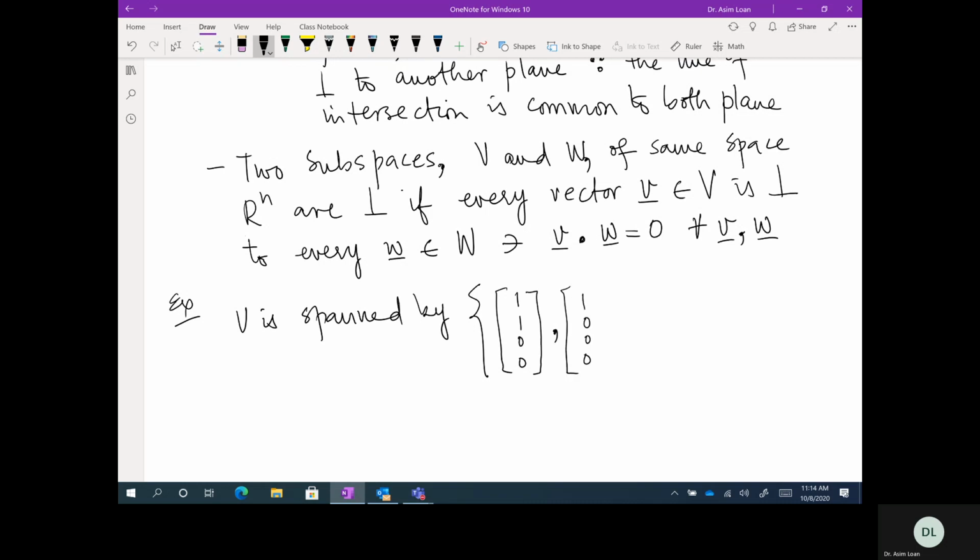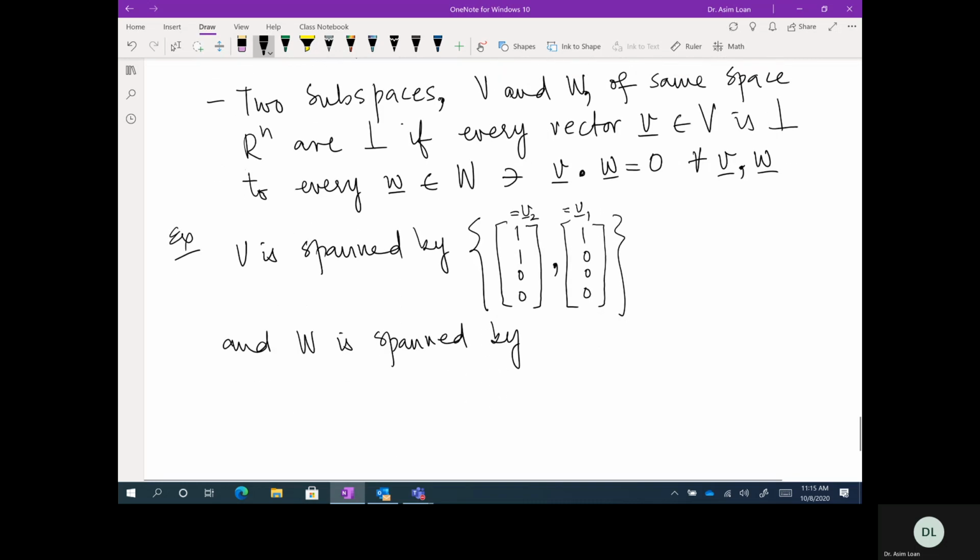Let's call these V1 and V2. And W is spanned by 0, 0, 4, 5. Let's call this vector W.